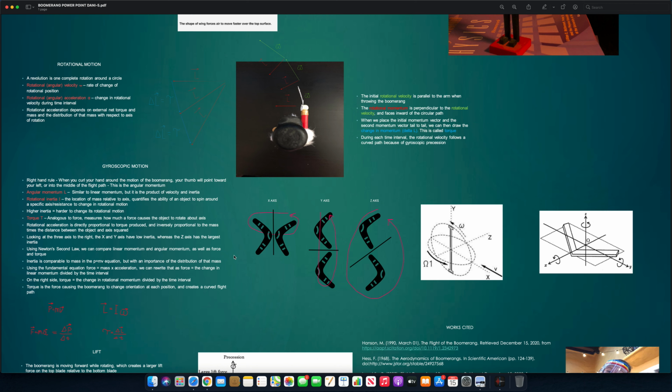And then on the right side equations, I have torque is equal to delta L over delta T. That's going to be the change in rotational momentum divided by the time interval. So torque is the force causing the boomerang to change orientation at each position and creates a curved flight path.